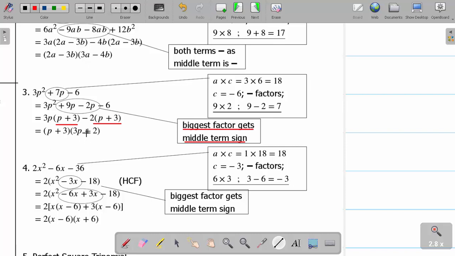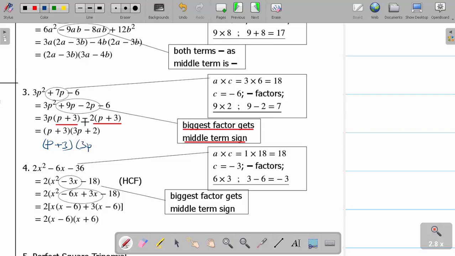So this is a mistake here. It should be 3p minus 2. I beg your pardon, guys. Sorry about this. This is p plus 3 outside brackets, meaning that if I have the p plus 3, and then into here, 3p.